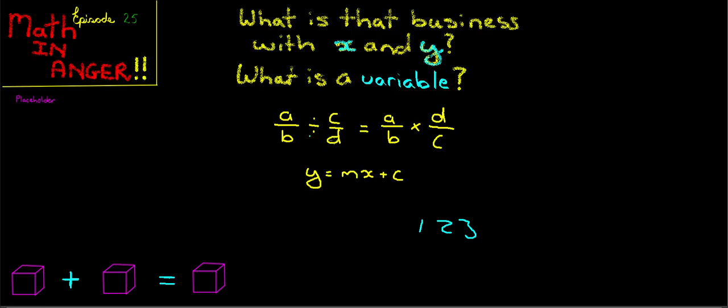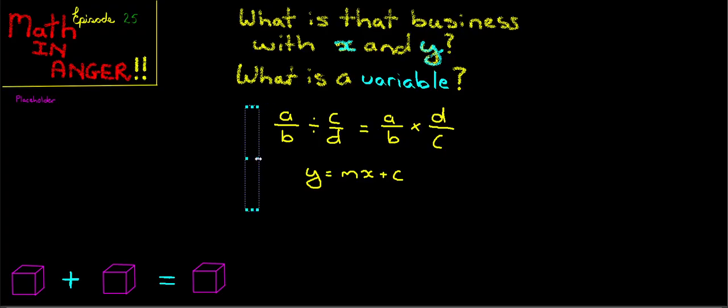I can't count the alphabet. It is never explained to you, and they rely on people guessing what they're doing. So I'm going to fix that for you in this episode.